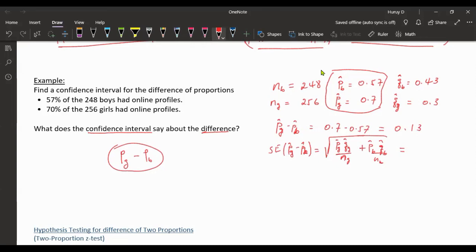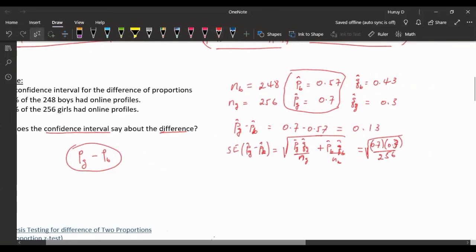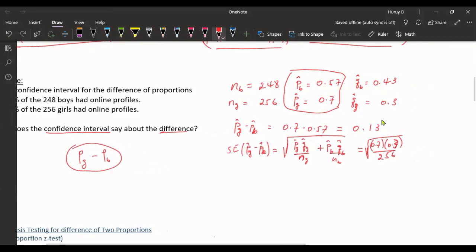Okay. So I have 0.7 times 0.3 over 256, plus 0.57 times 0.43 over 248.